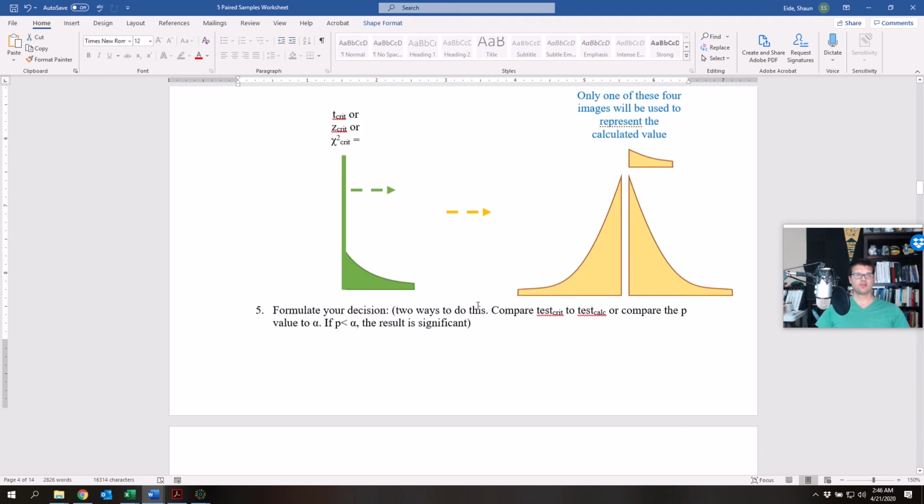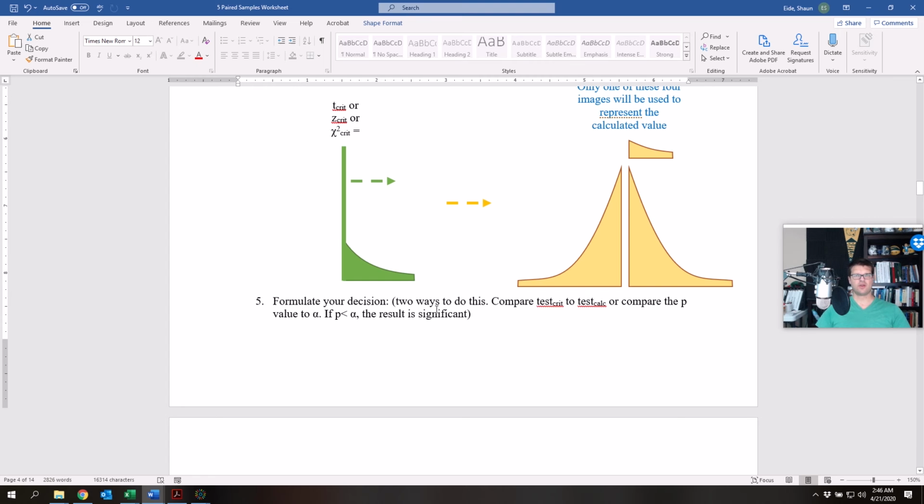Okay, so let's move on a little bit further, because now we need to get into the p-value, so on and so forth. So we need to formulate our decision.